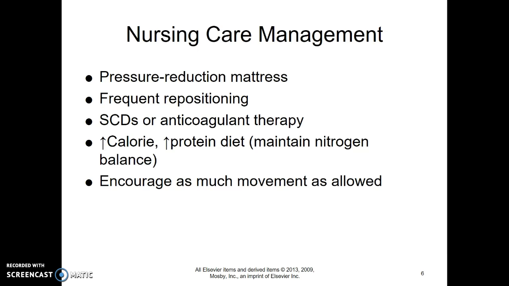They're probably going to be on a high-calorie, high-protein diet, and this is about maintaining that nitrogen balance. It's going to help with that, having the high protein. And then encouraging as much movement as they are allowed, but we need to know what their medical limits are so we don't go beyond them.